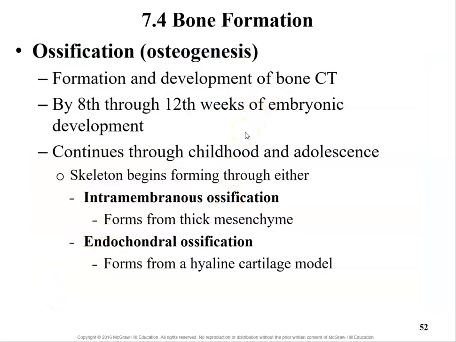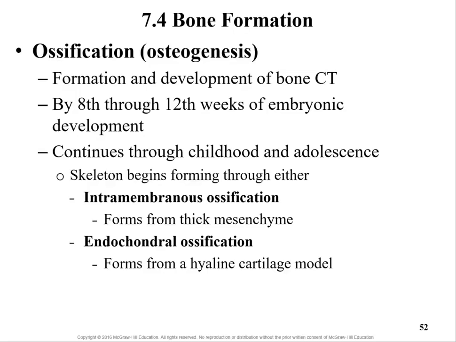Okay, now let's talk about osteogenesis. So osteogenesis, or ossification, is the formation and development of bone connective tissue. This occurs by about the 8th through the 12th weeks of embryonic development and continues through childhood and adolescence. When it comes to the skeleton beginning to form, there's two ways that it does it.